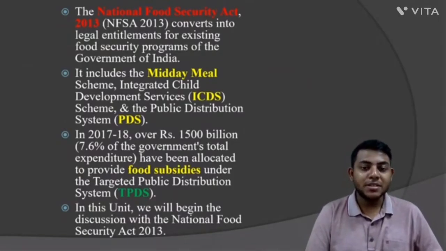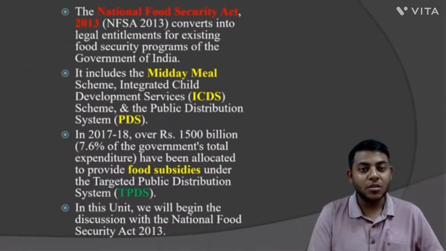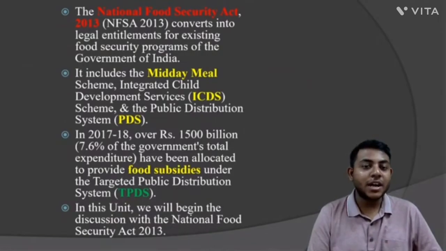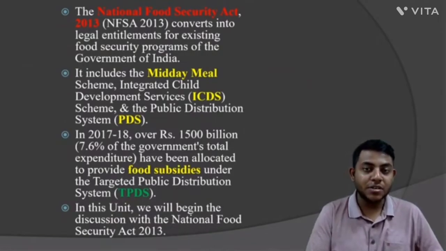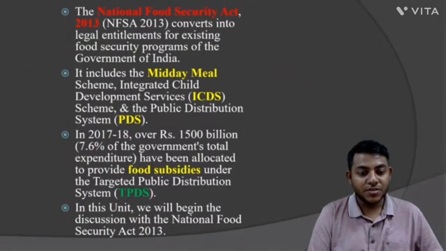They are comprehensively covered. And also the objectives, functioning, limitations and revamping of the public distribution system are comprehensively covered by the National Food Security Act. And the One Nation, One Ration Card scheme that has been introduced recently by the government has further enhanced the food security of the citizens of the country.